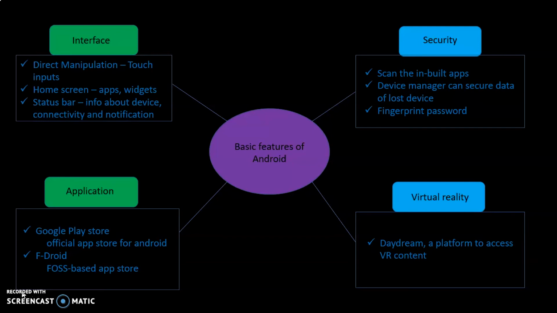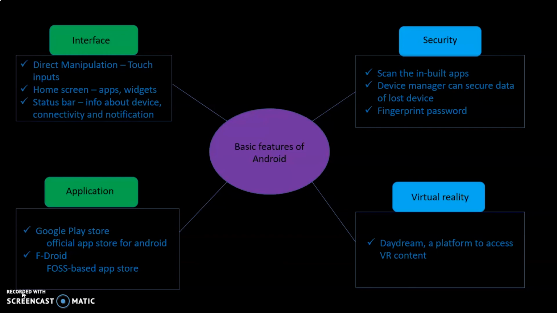The official app store for Android is Google Play Store, since Google owns Android. And for FOSS-based applications, we are using F-Droid. Then we are moving on to virtual reality. Daydream is a platform we can use to access virtual reality content. So these are the basic features of using Android applications.